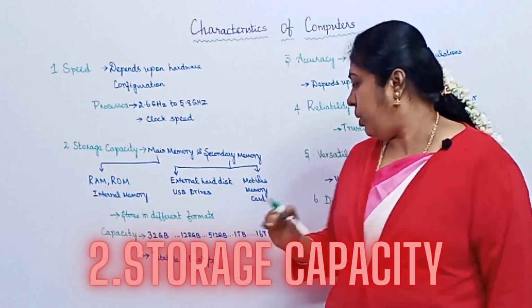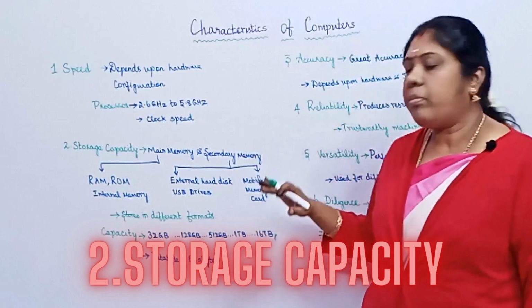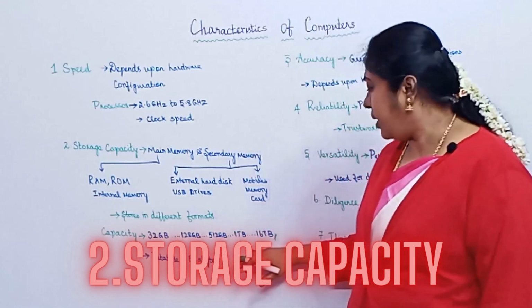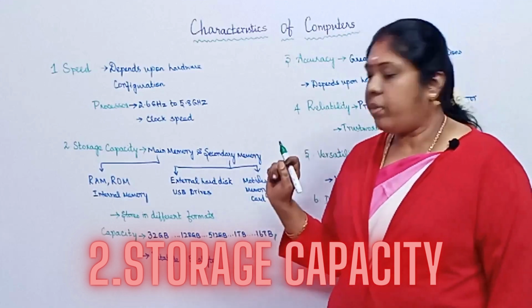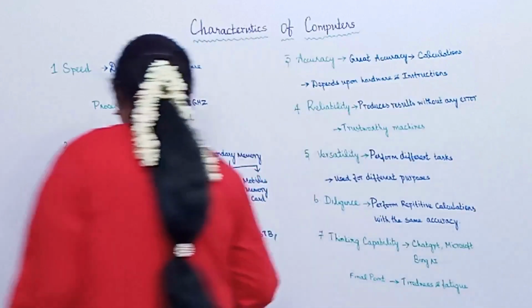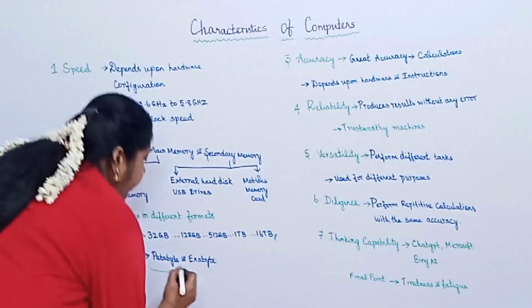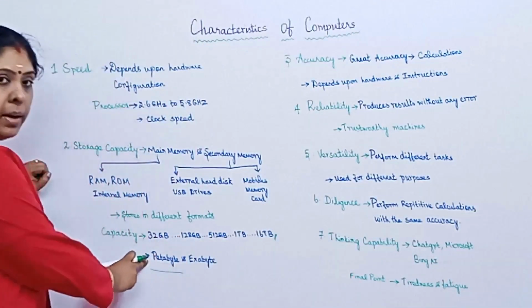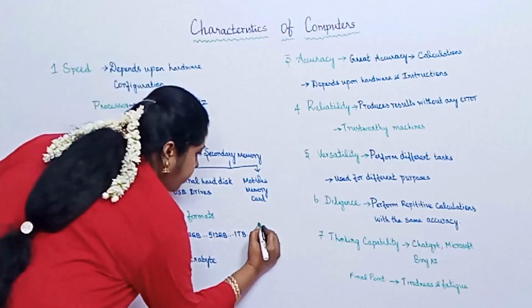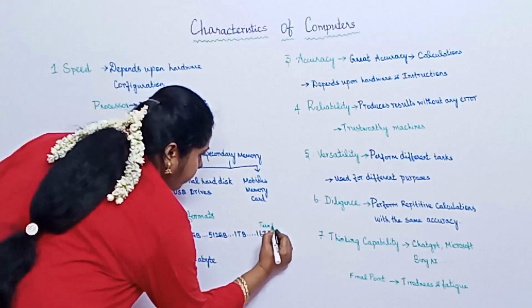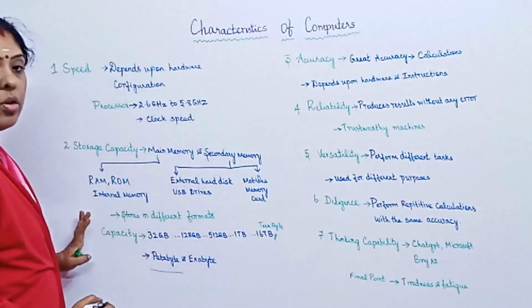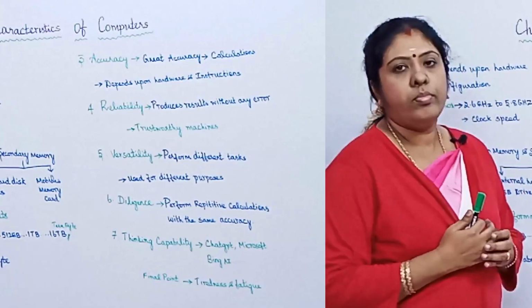The extensions of the terabyte are the petabyte and the exabyte. 1024 terabytes is called a petabyte, and 1024 petabytes is called an exabyte. TB stands for terabyte. That's the storage capacity.